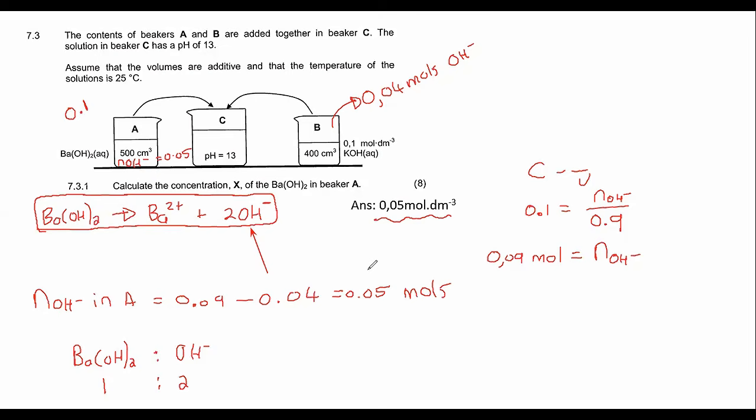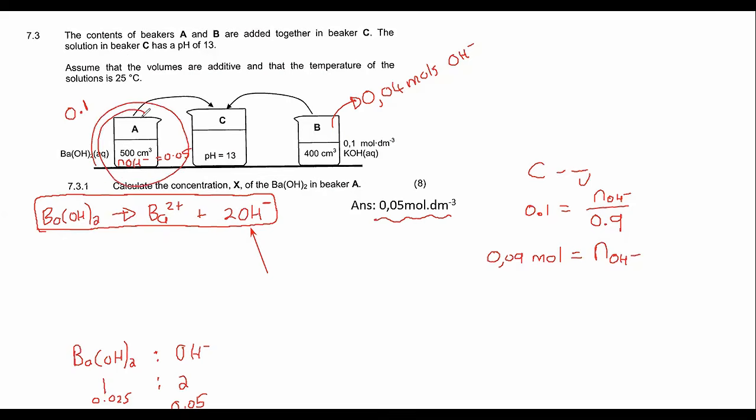So how many moles of hydroxide do we have? 0.05. And so if I want to work out this one over here, I'm going to have to divide the 0.05 by 2. And that'll be 0.025. So now I know the number of moles of barium hydroxide in this container. And so now I can work out the concentration of the barium hydroxide by using this formula.